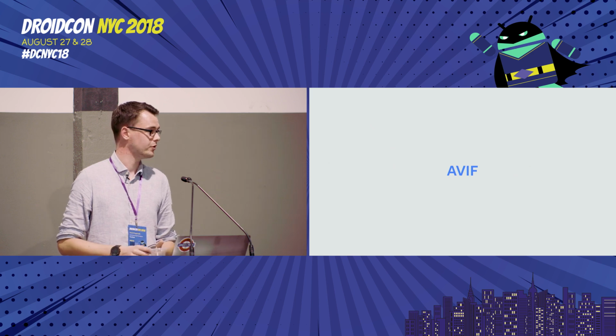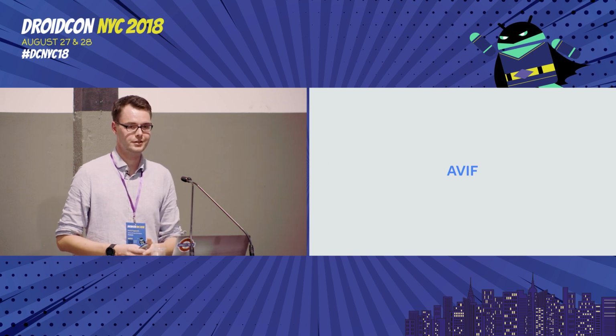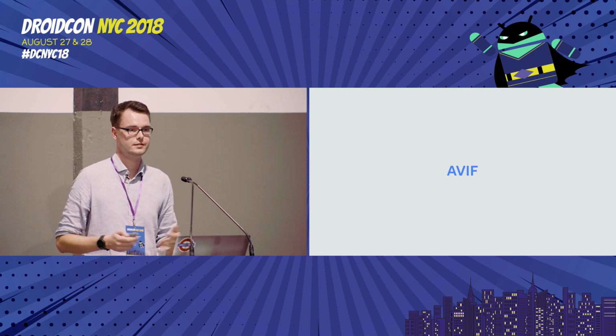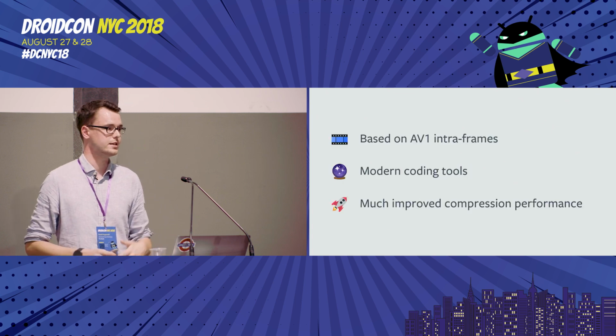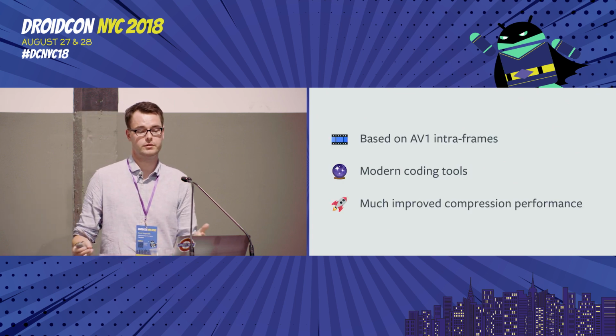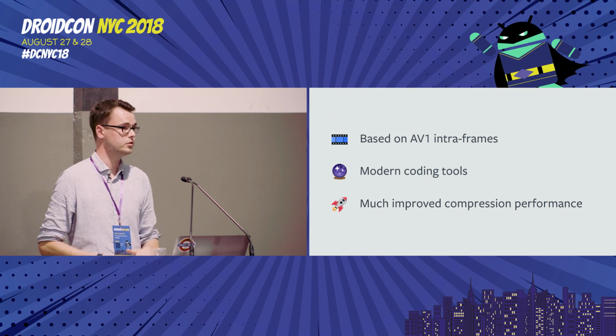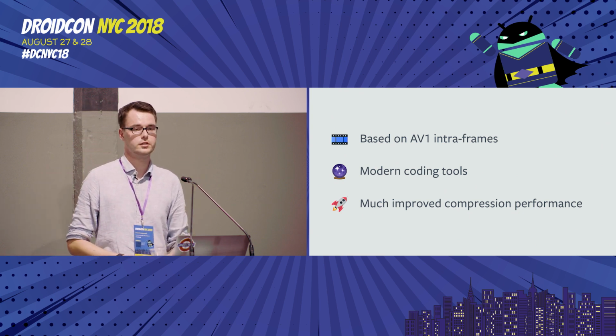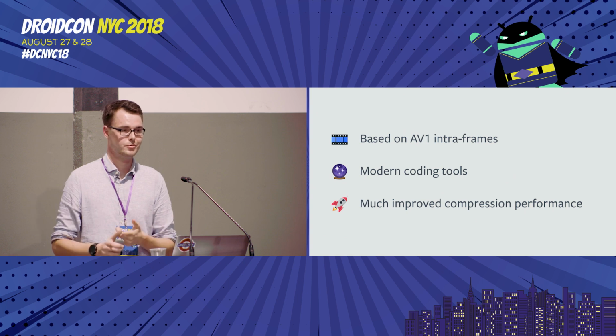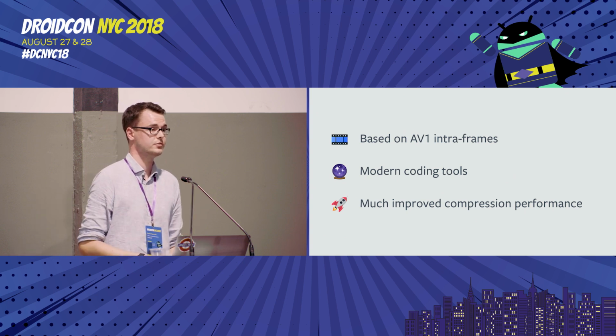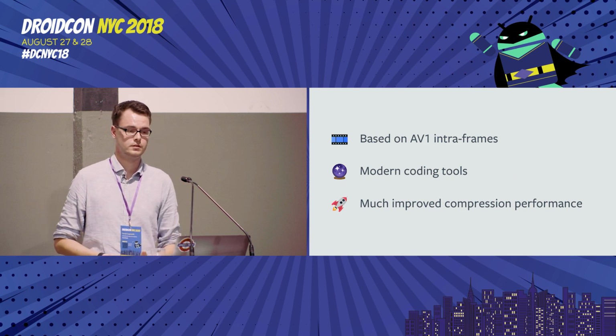The other one that I'm personally quite excited about is AVIF. Sounds similar and has a similar idea. So instead of the HEVC codec, it uses the AV1 interface. And it's a standard that's currently in development, and it uses all sorts of new coding tools such as chroma prediction, interblock prediction, and basically what it gives is a much improved performance.